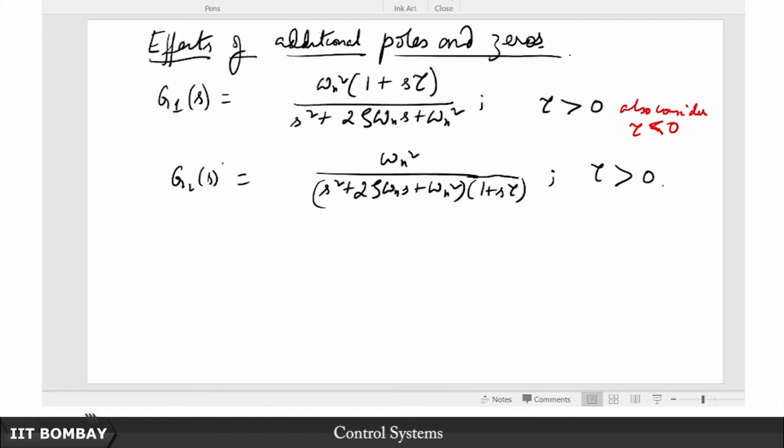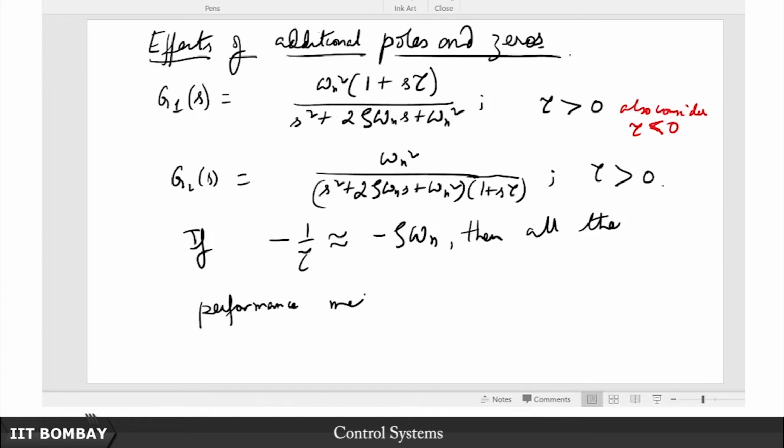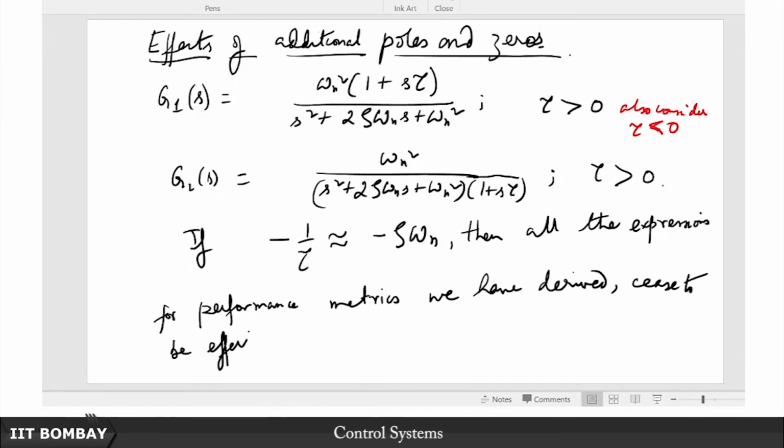Of course, you can also convince yourself and derive this, but for now we will say that if minus 1 by tau is comparable to minus zeta omega n, then all the expressions for the performance metrics we have derived, of course, remain the same, but they cease to be effective. So we must warn ourselves, this is a very important point.